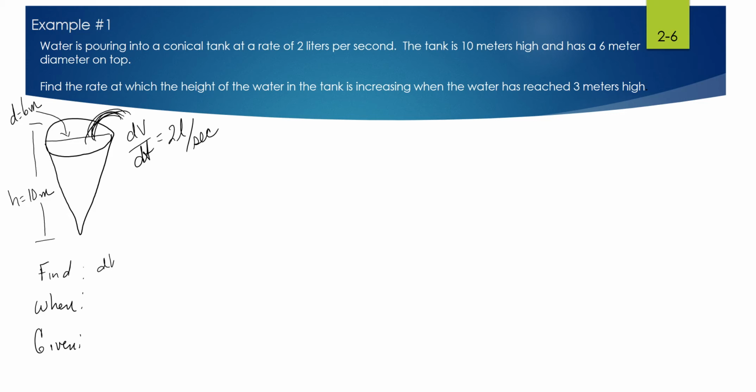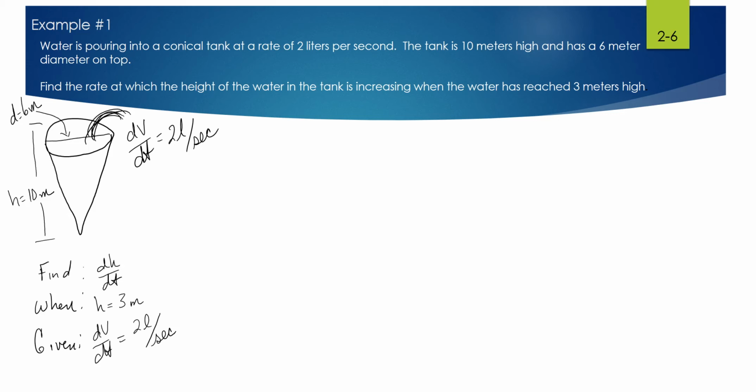So change in height over change in time, dh over dt, is my goal. And they want to know when the water has reached 3 meters high. So my when, H equals 3 meters. My given, always a rate. What did they give me as a rate? dV over dt is equal to 2 liters per second.